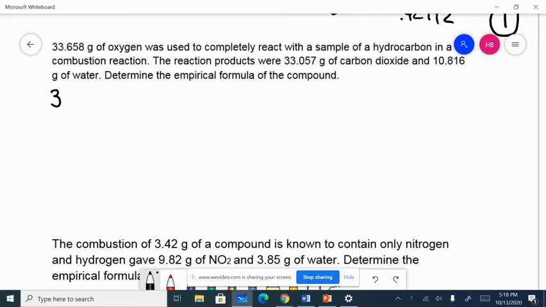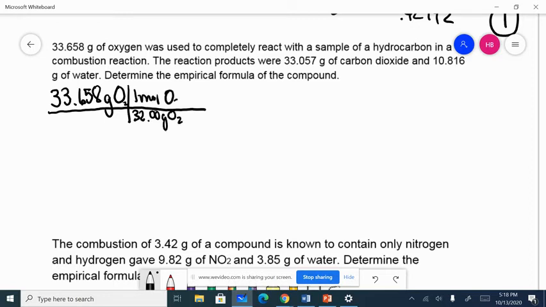Now you know that oxygen is O2, but O2 is also all oxygen. So when you're changing, you can do this a lot of different ways, especially this one. Like I could say, this is O2, and then there's 32 grams of oxygen in 1 mole of oxygen, and 1 mole of O2 has 2 moles of oxygen atoms.